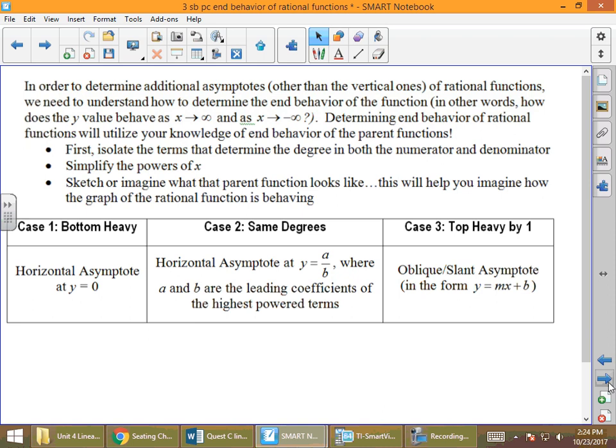And the third case that we didn't look at has what's called an oblique or a slant asymptote, so there's a diagonal to it. It would be in the form of y equals mx plus b, and in order to get that situation, the degree of the top of the fraction has to be 1 greater than the degree of the bottom. So bottom heavy, y equals 0. Top heavy, going to have y equals mx plus b, and then when they're the same degree, we're going to get y equals a over b.